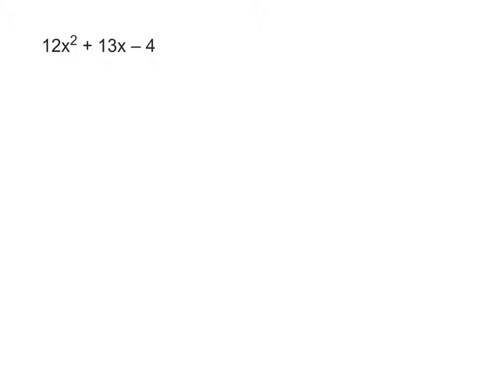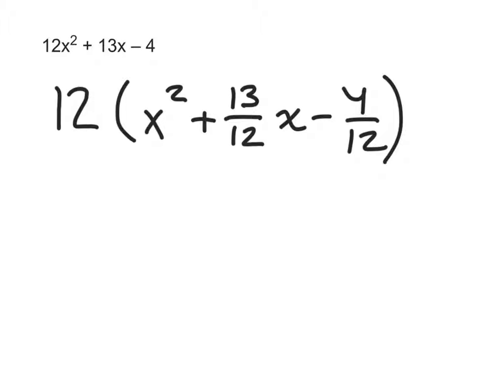I'm going to rewrite this as another quadratic function with a vertical stretch of 12, which would be 12 times x squared plus 13/12 x minus 4/12. What this means is that the function 12x squared plus 13x minus 4 has the same zeros as the quadratic function x squared plus 13/12 x minus 4/12.